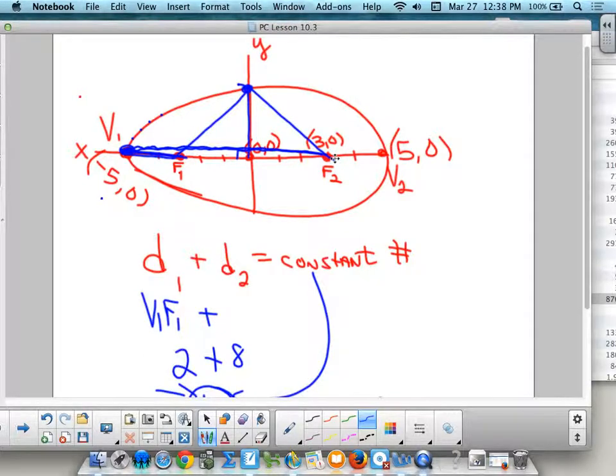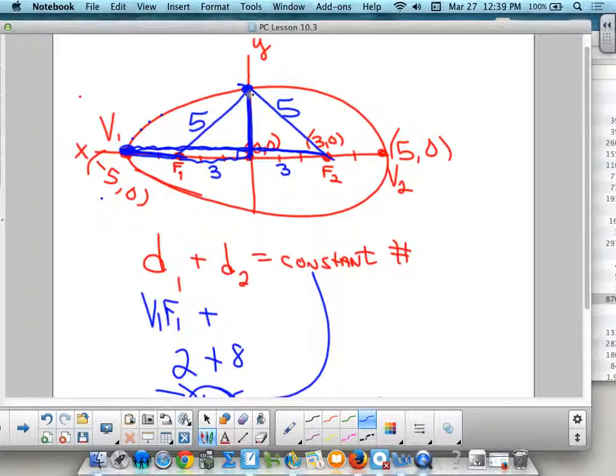Do you know what this is? 5. Do you know what this is? 5. Do you know what this distance is? 3. That's the foci, by the way. Wasn't it 3, 0? So this is 3. This is 3. What am I missing? I'm missing that. How am I going to get that?